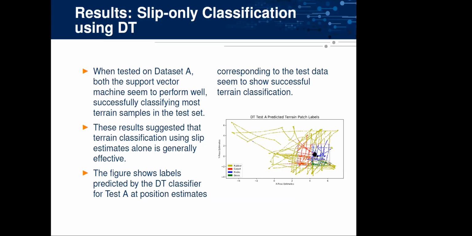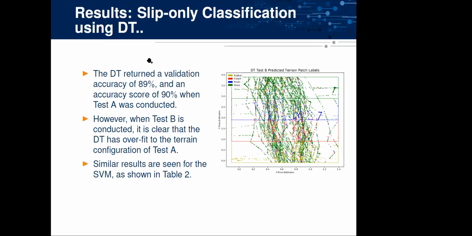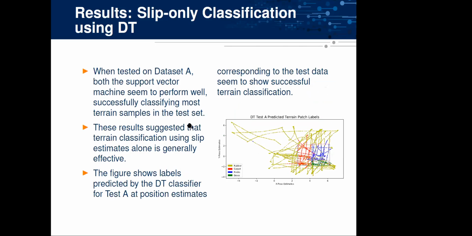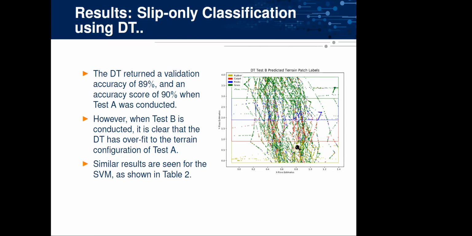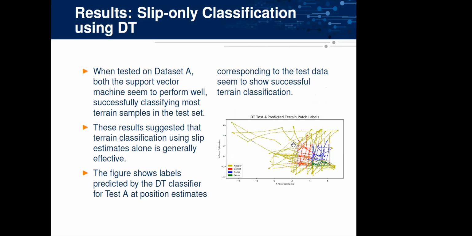But then we test our algorithm using a different setup for test B. The initial training method that we used here, sorry to go back and forth, returned an accuracy of 89%.